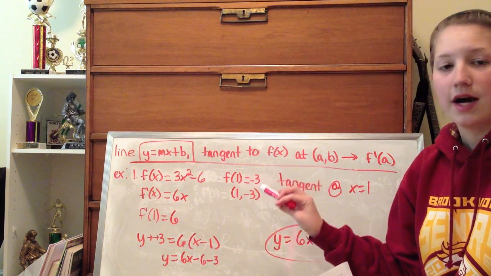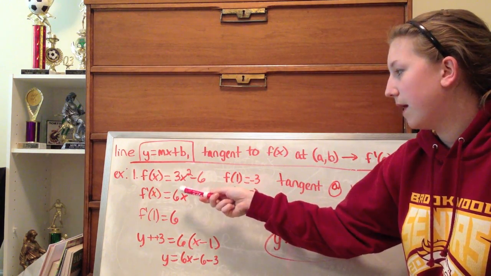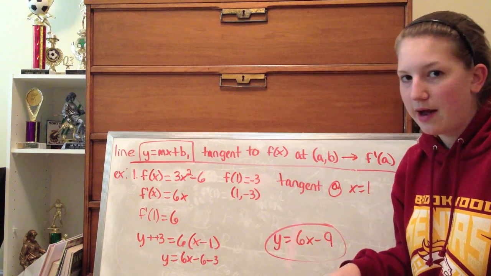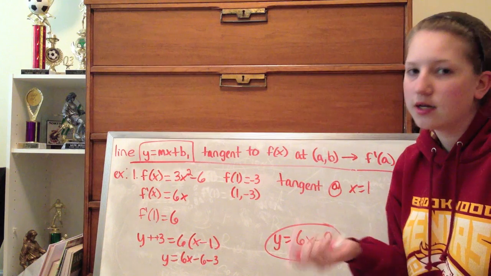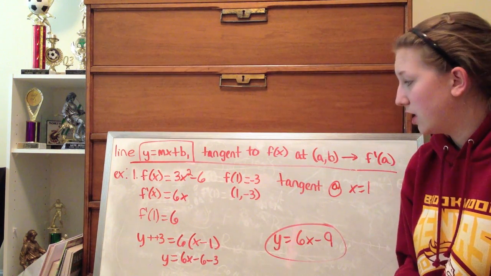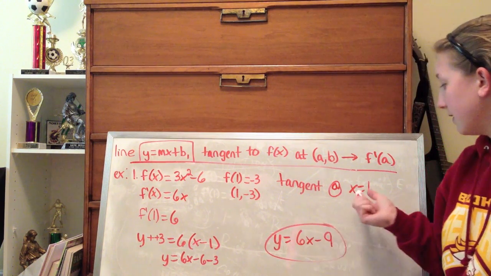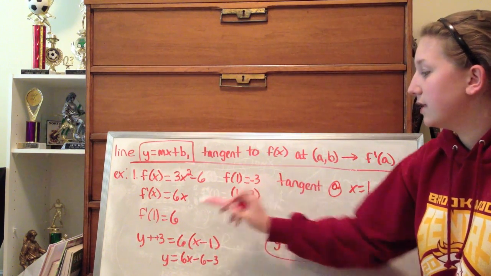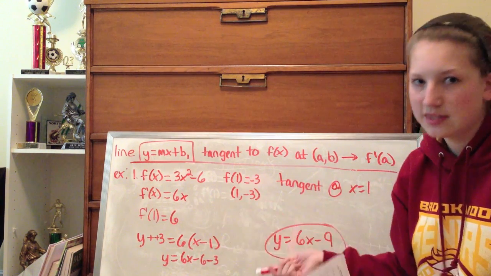Then you have to find the derivative of the equation, and you do that by multiplying the coefficient by the exponent and bringing it down a power. So then you have 6x minus the derivative of a constant, which we know is 0. So your derivative equation is 6x. Then to find f prime of a, which in this case is 1, you find f prime of 1 by multiplying 6 times 1, which is 6.